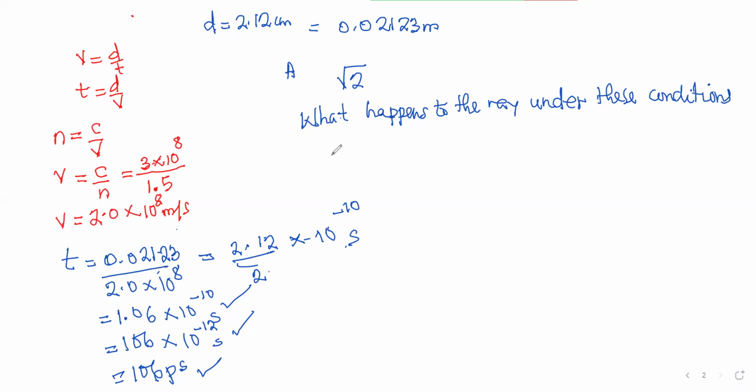A ray of light traveling inside a rectangular glass block of refractive index root 2 is incident on the glass-air surface at an angle of incidence of 45 degrees.